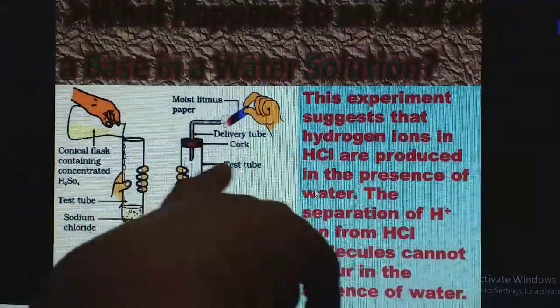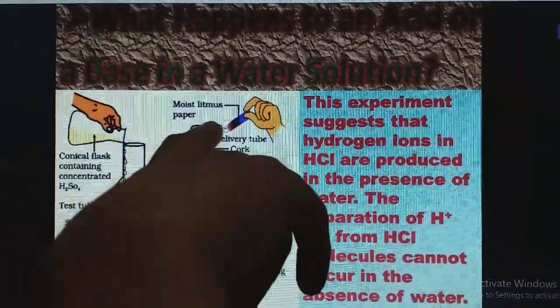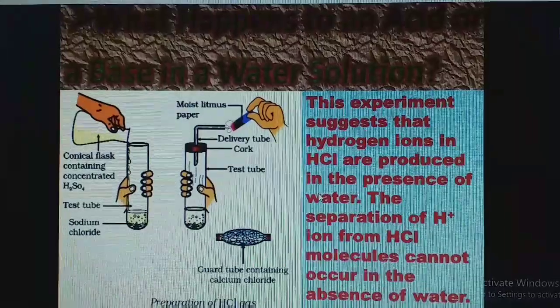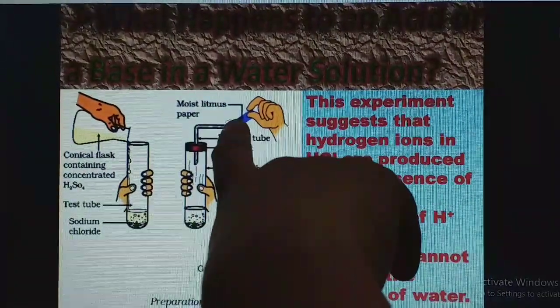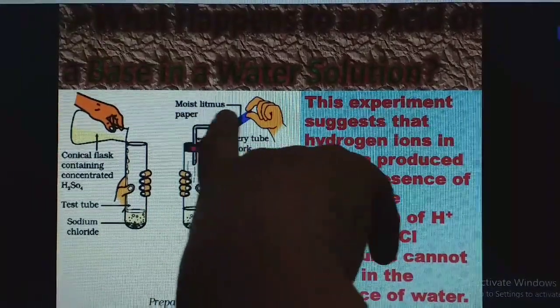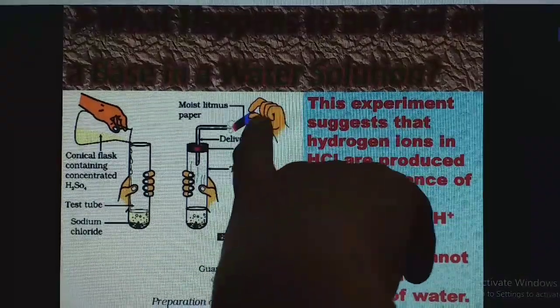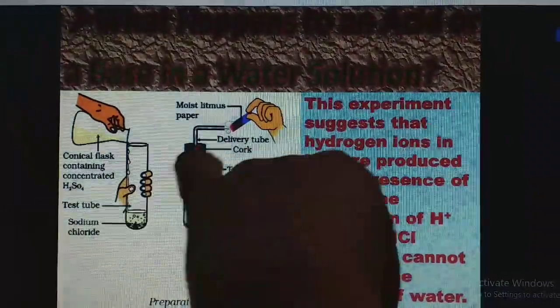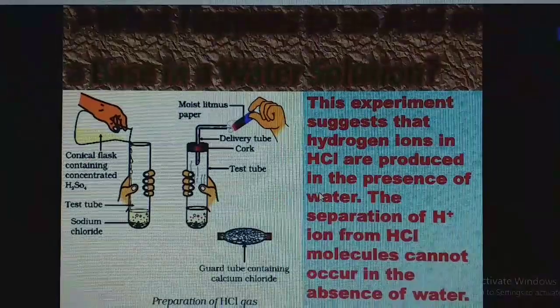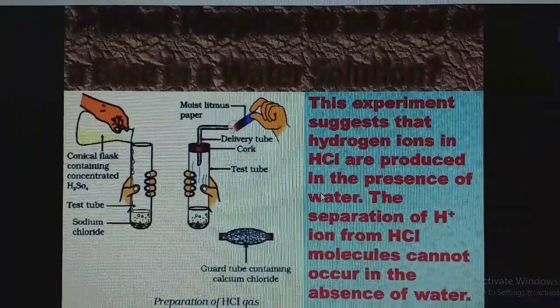Because with a dry litmus paper, the HCl gas will not give H+ ions. At the same time, if we keep a blue litmus paper dipped in water, that is moist litmus paper, it will immediately turn to what? Red color. So from this activity what we understand is only in water HCl releases H+ ions.